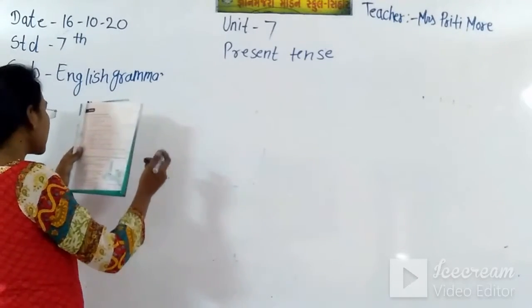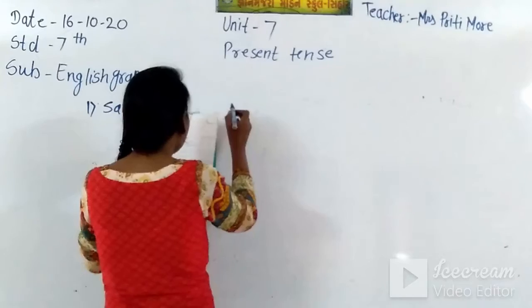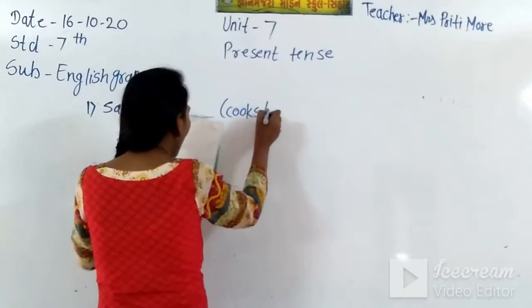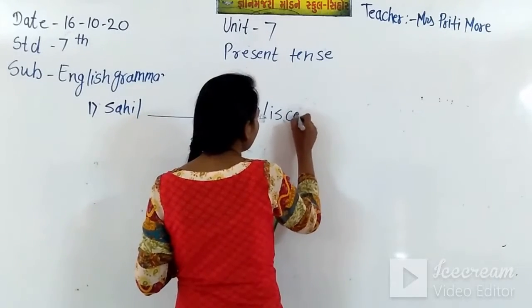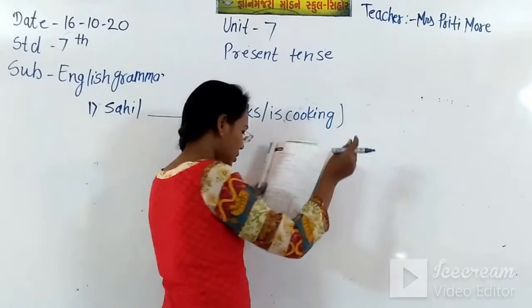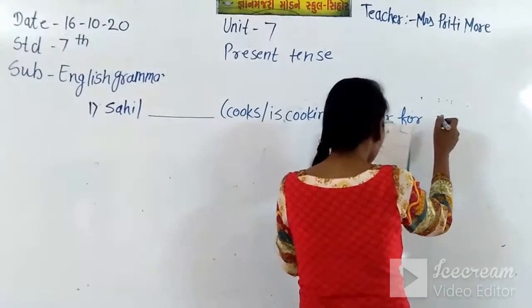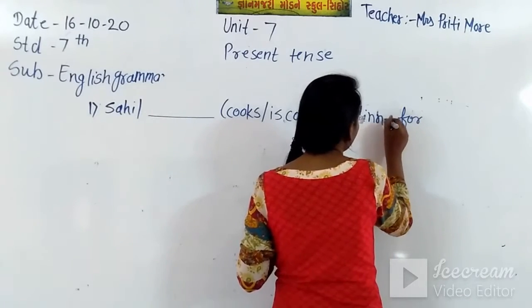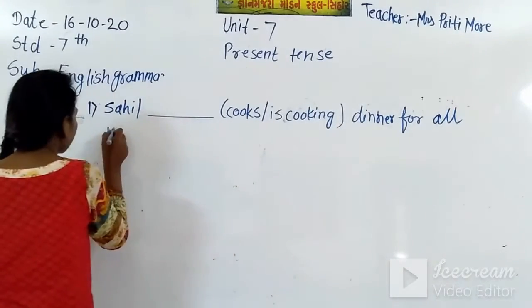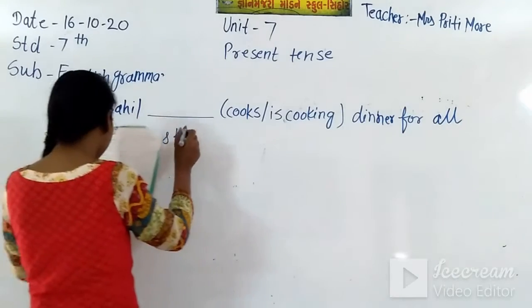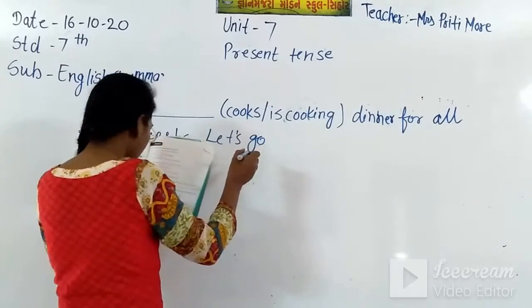The first sentence is: Sahil, blank space, in the bracket cooks or is cooking, dinner for all the guests, let's go and help him.